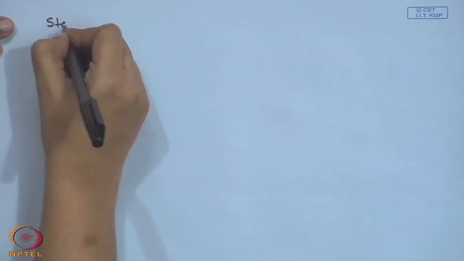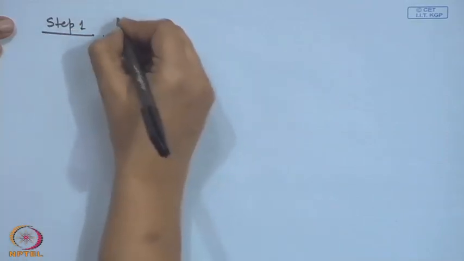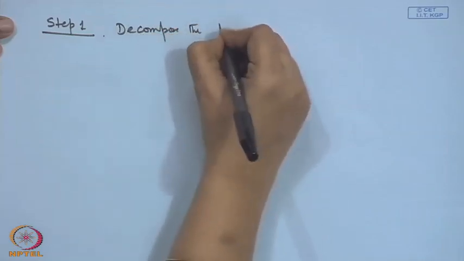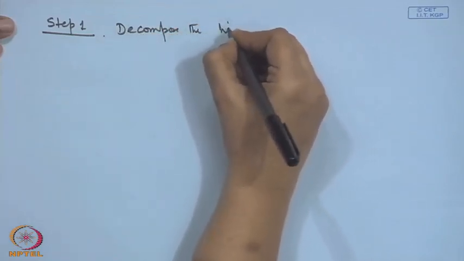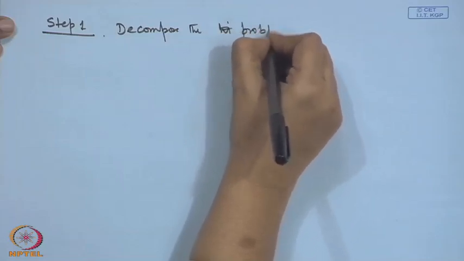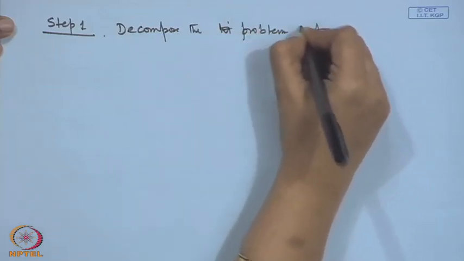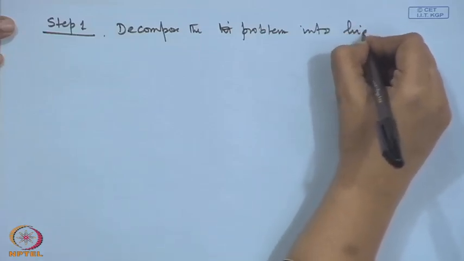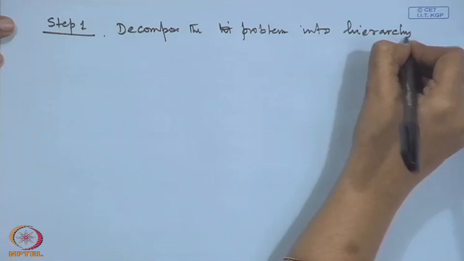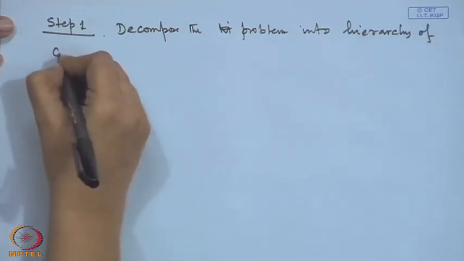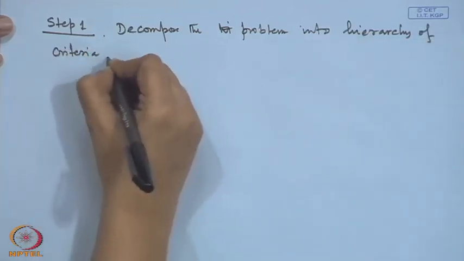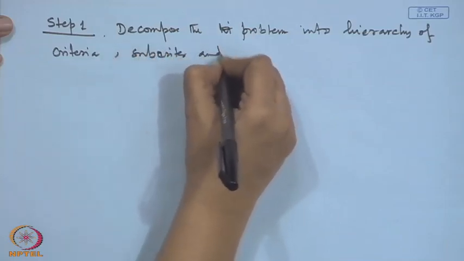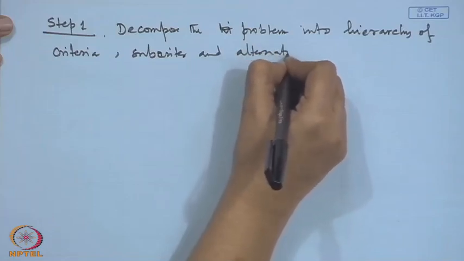Now, the first step of the AHP process is to decompose the problem into a hierarchy of criteria or sub-criteria, and with respect to alternatives as well.